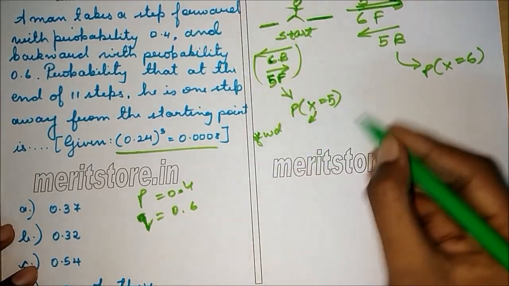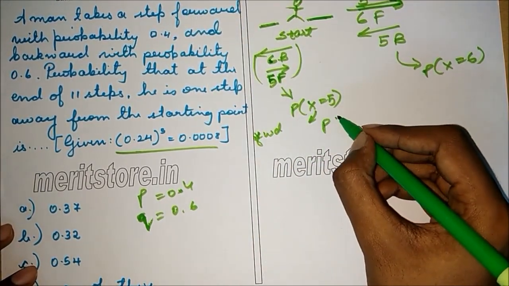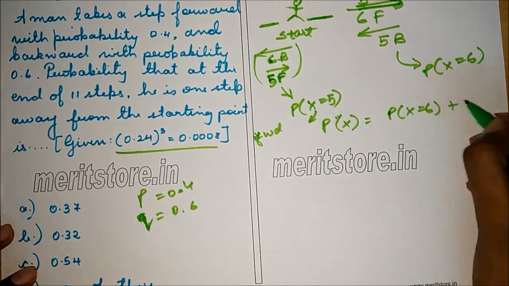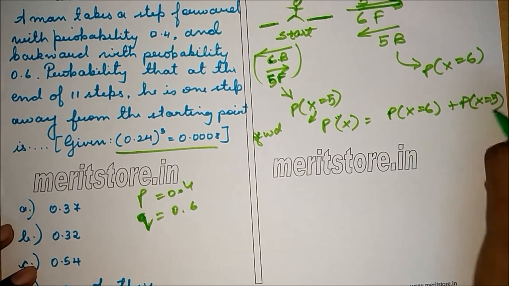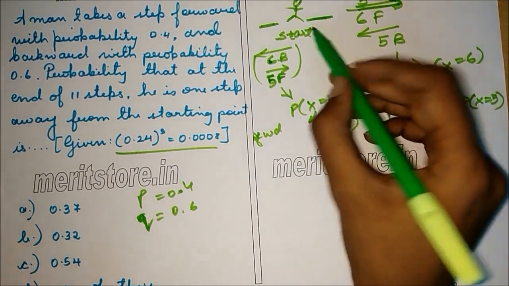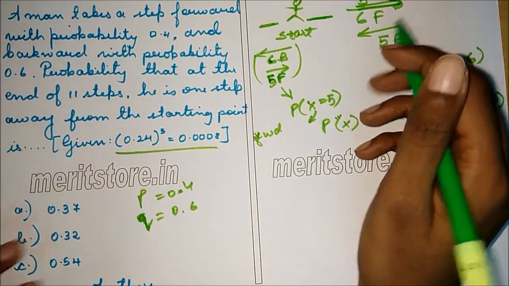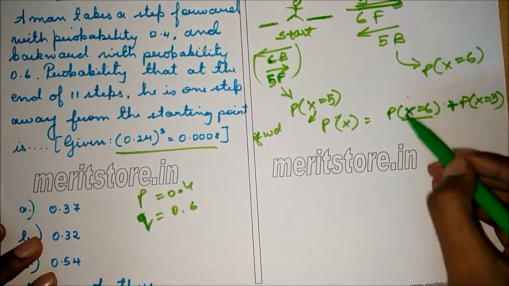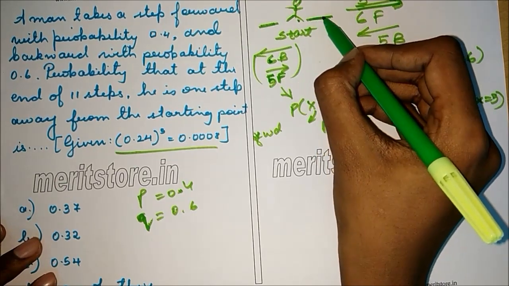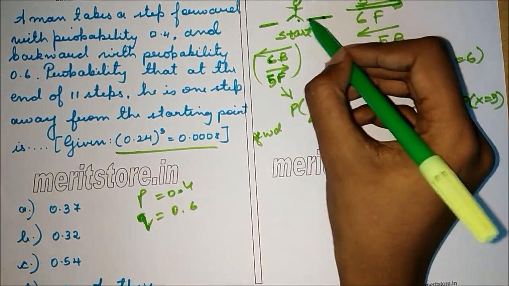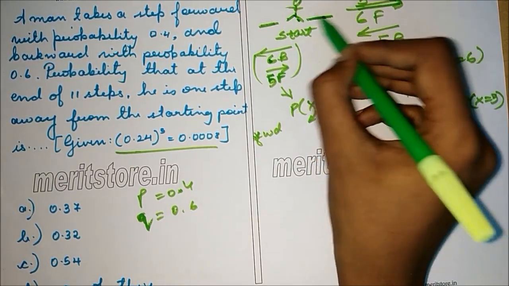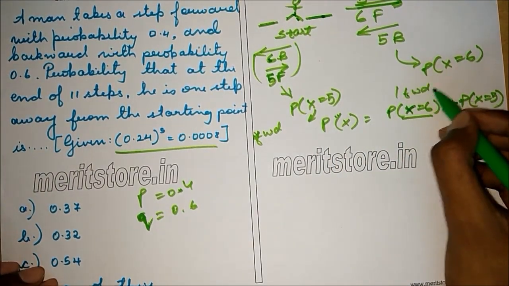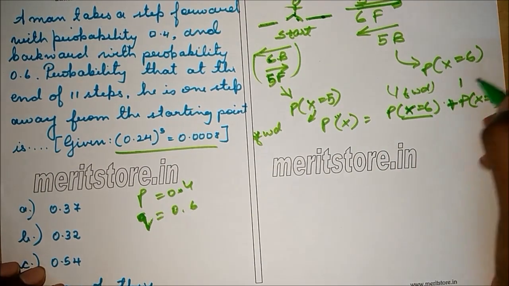So the total probability will be P of x equals 6 plus P of x equals 5. Plus is for the OR condition, where it can be either of the cases. So this condition is for when the person is one step away from the starting point in the forward direction, and this is for one step away in the backward direction.